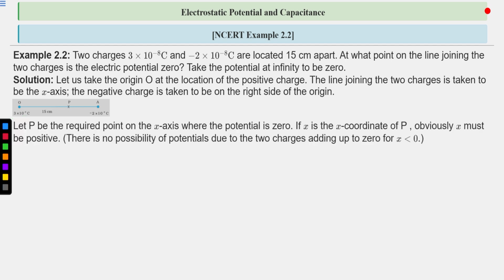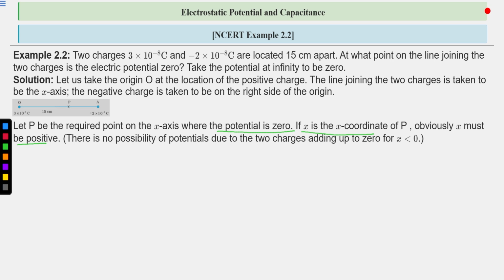Let P be the required point on the x-axis where potential is 0. If x is the x coordinate of P, obviously x must be positive, so x is the distance of point P from the positive charge. There is no possibility of potentials due to the two charges adding up to 0 for x less than 0.